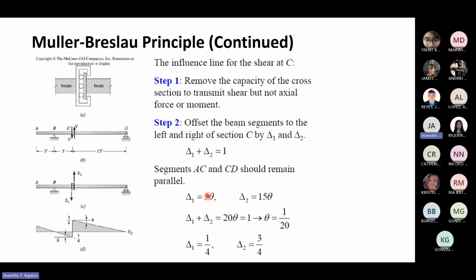So delta 1 plus delta 2, 20 theta, equals 1. So theta will be equal to 1 over 20. So delta 1, if you resolve it, 5 theta, will be 1 over 4, and delta 2 will be 3/4. So you will have 1 over 4, and then 3/4 here.